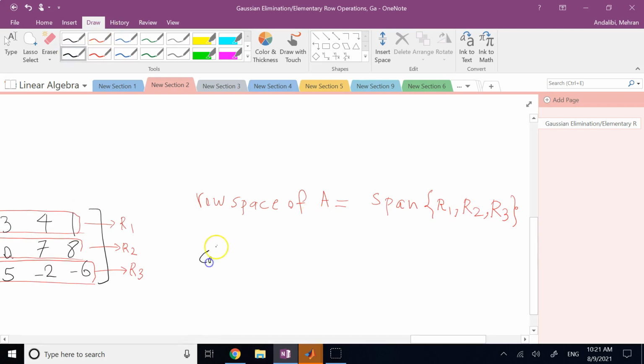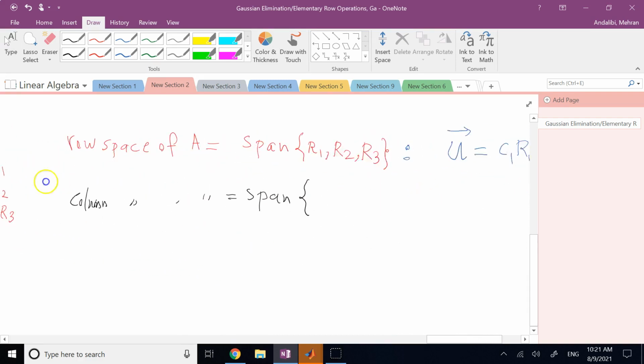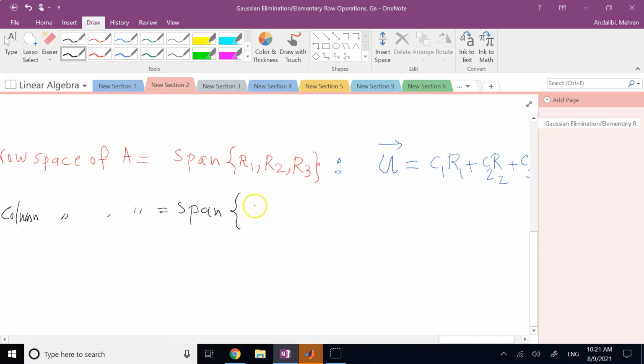Similarly, I can define the column space of A, which is the span of the columns of A. So here, if I call these columns C1, C2, C3, and C4, then it is going to be the span of these four columns.